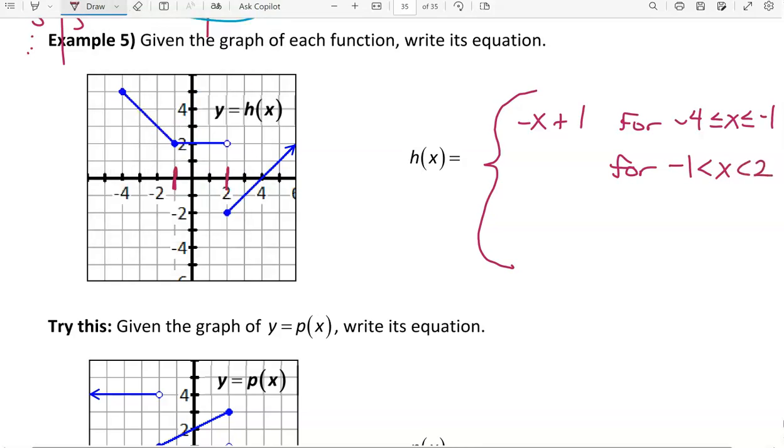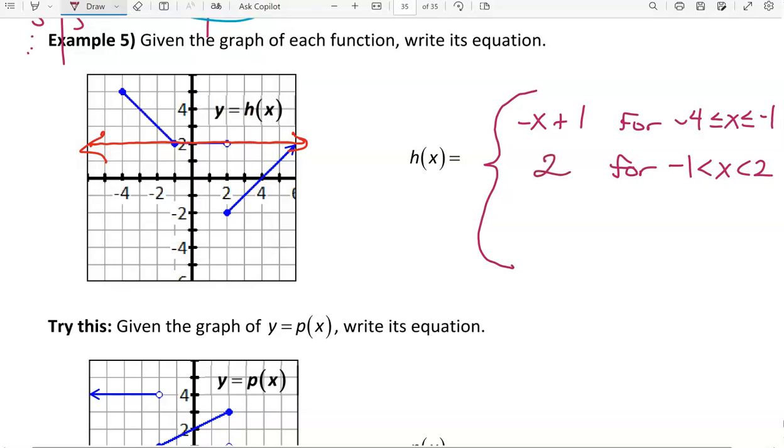And the reason that I'm using less than for x equals 2 is that the graph has an open circle there. What I will notice about this particular graph is if I were to extend this piece, it forms a horizontal line, and the graph of a horizontal line is represented by the equation y equals a number, and y equals 2.